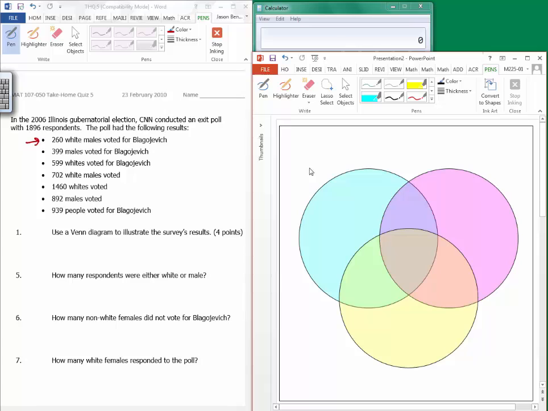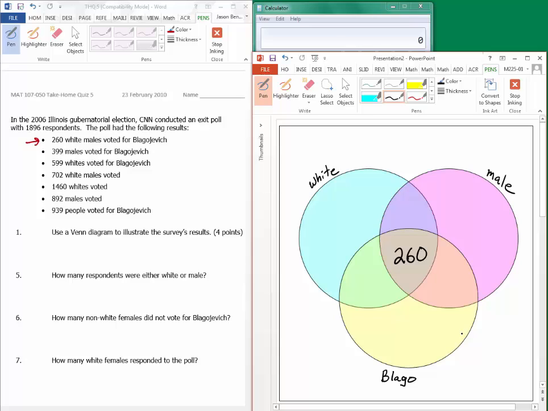These sets are going to be white voters, male voters, and Blagojevich voters. And the 260 at the top is all of those put together. So that's the number that goes right in the middle of our Venn diagram, 260.